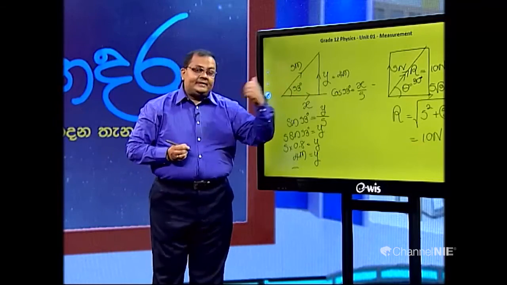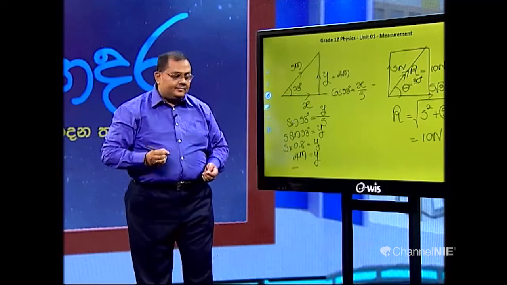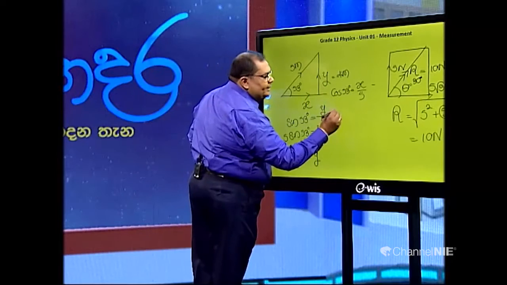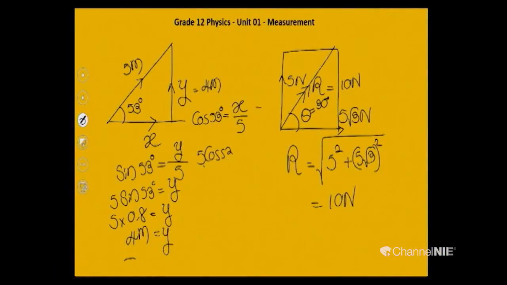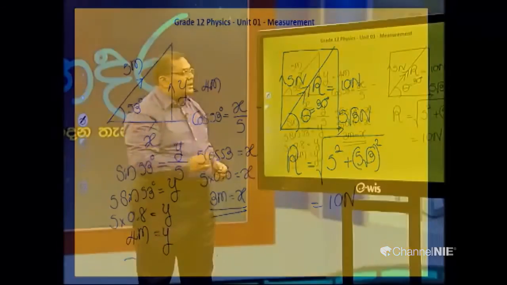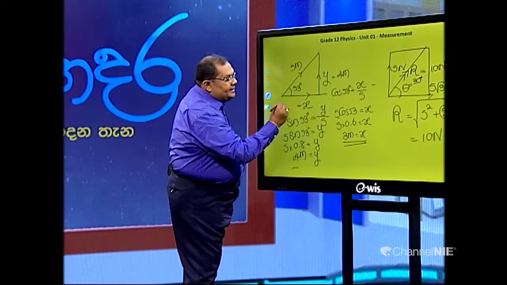Then cos 53 you will see is 0.6. 5 into cos 53 equals x, and cos 53 is 0.6. Then x is equal to 3 meters. This is known as the horizontal component of the vector. It's 3 meters.